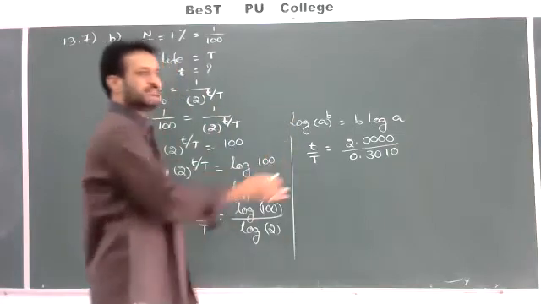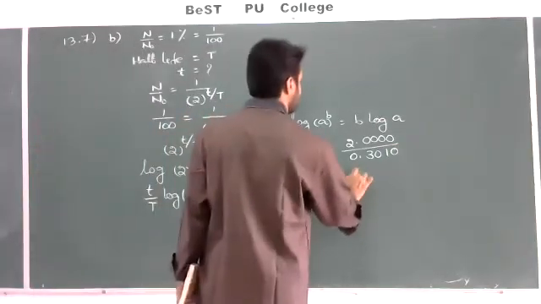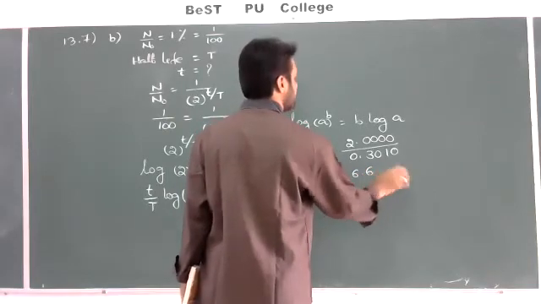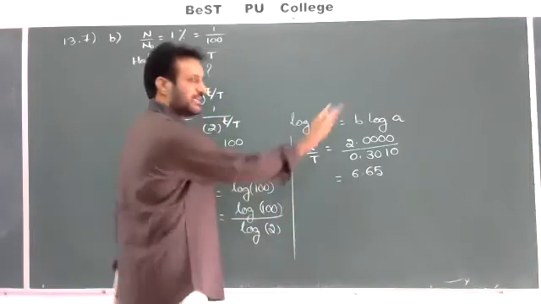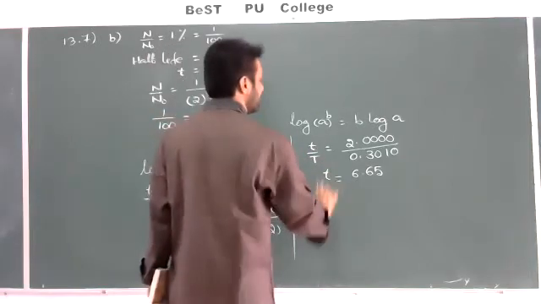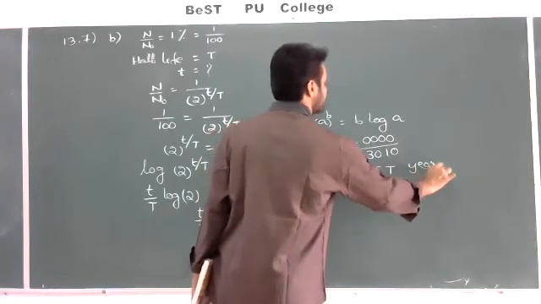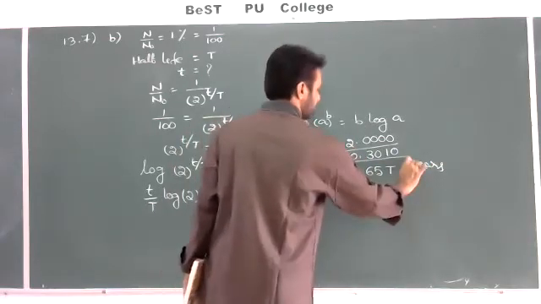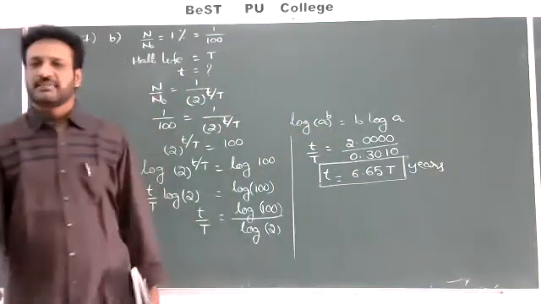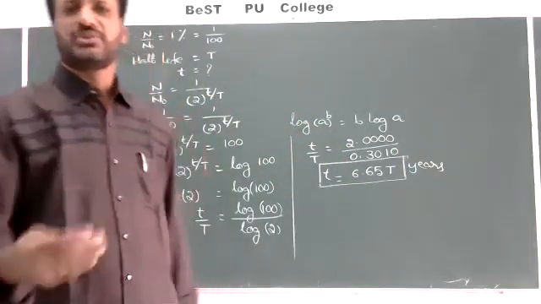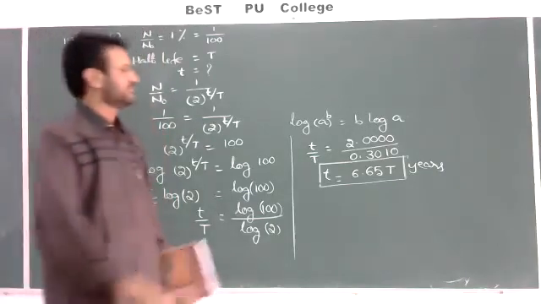If you divide, that is equal to 6.64 something, and we get a rounded-off value of 6.65. Take this capital T also to the right side. Therefore small t is equal to 6.65 into capital T years. It is the time taken by the radioactive sample to reduce to 1% of the original value.